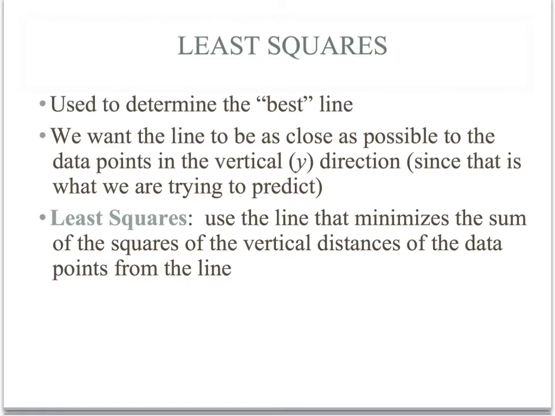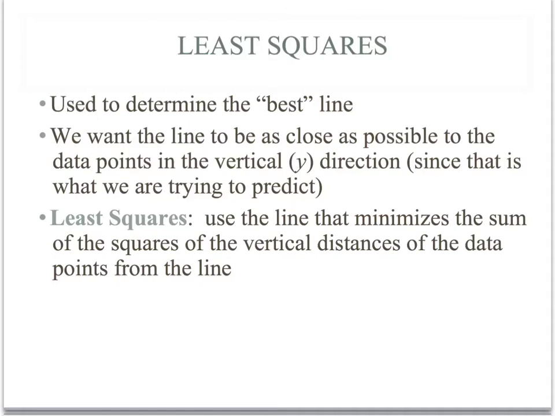So the least squares is the method that we use to get what we call the best line. We get it as close as possible to the data points in the y direction because the y's are what we're trying to predict from it. And so we're going to use a line where we minimize the sum of the squares of the vertical distances of the data points from the line.